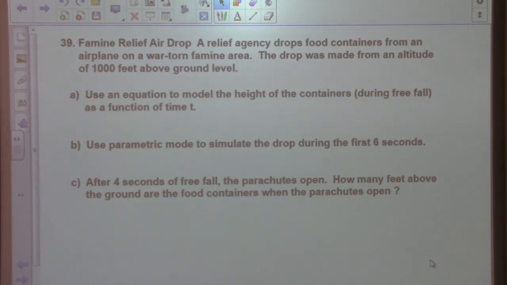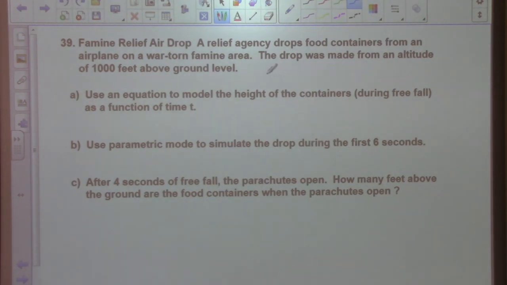So we have to look at the equation. And so it's using an equation to model the height of the containers during free fall. And they don't give you something. Do you know the function of time when something is dropped, acceleration or position due to force of gravity?